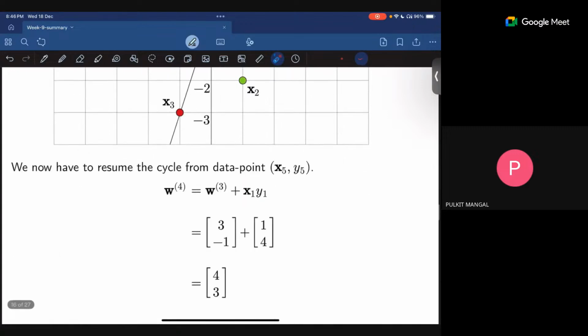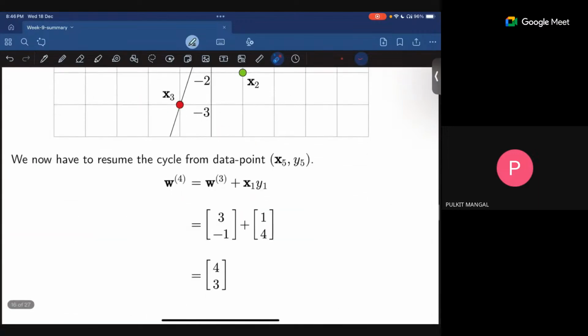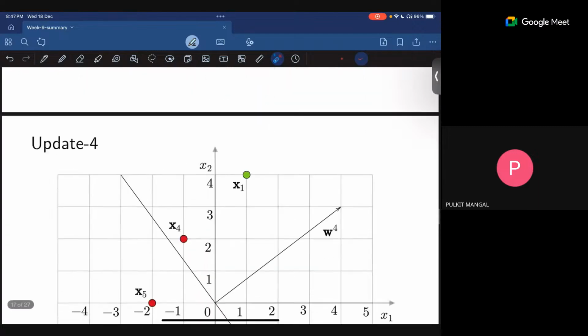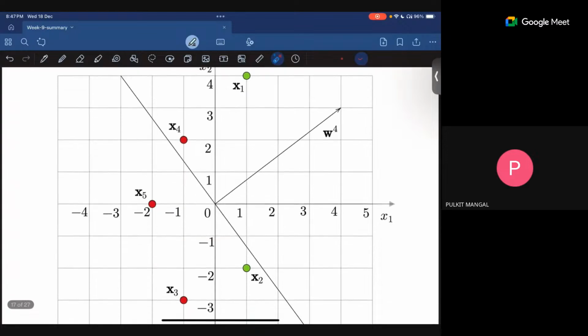So now the update vector that we will be using is x1. w3 was 3, -1. x1 is 1, 4, and the true label of the data point is +1. Simplifying this, we get the new weight vector. So this is the new updated weight vector.